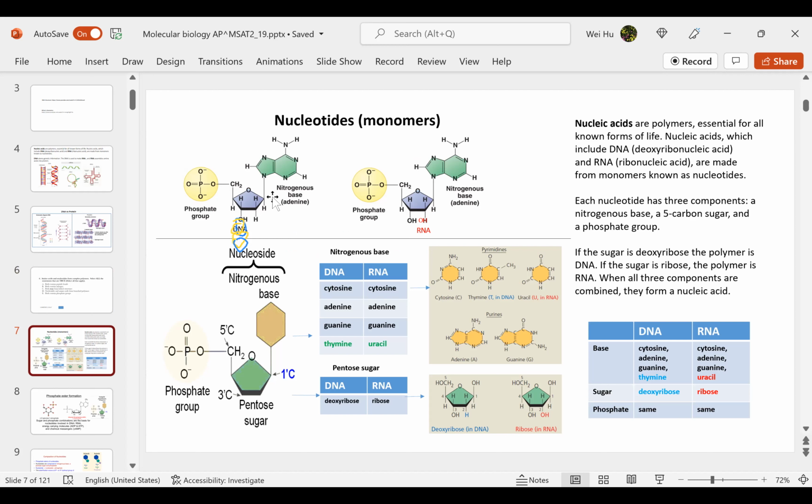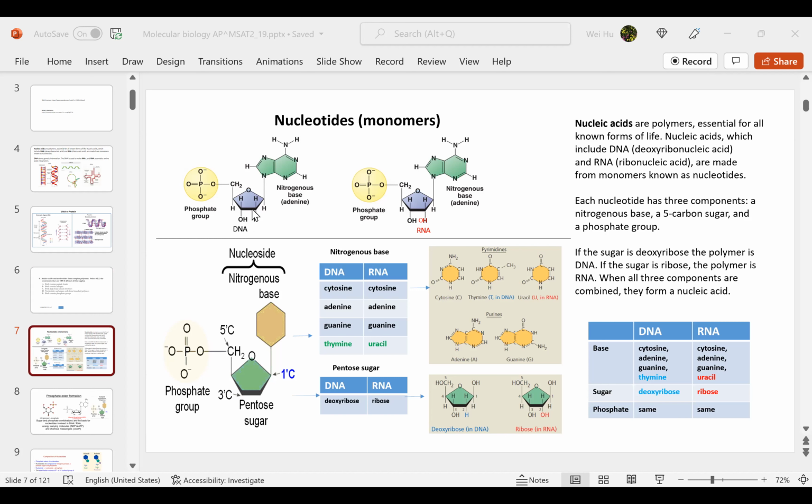So we have the RNA nucleotide. See, this is an RNA nucleotide. The reason it is called ribose is that on the second carbon you have OH. This is a DNA nucleotide. On the second carbon you don't have the O, so that's why they call it deoxy.